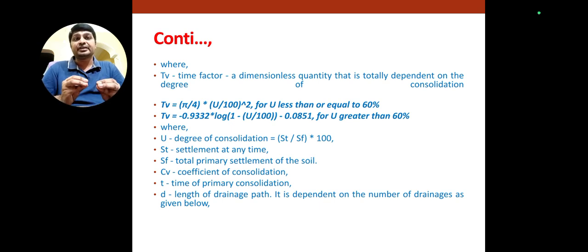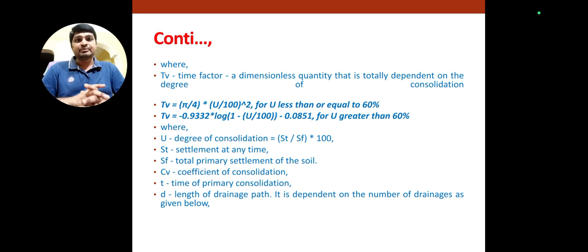So for less than 60% consolidation, it is π/4 × (U/100)², and for more than 60%, T_v = −0.9332 log(1 − U/100) − 0.0851, where U is the degree of consolidation.